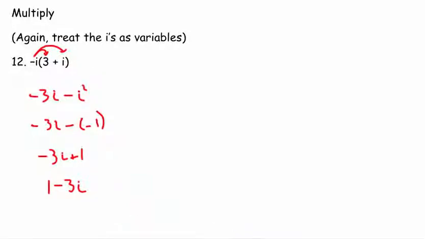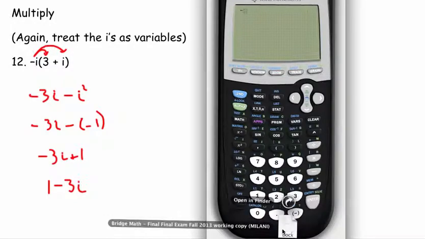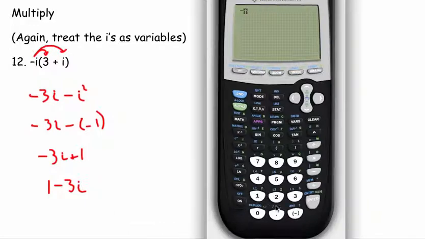So let's throw this in our calculator, make sure we get something that agrees. We'll clear that out. I'll have negative i, open parentheses 3 plus i, and I get 1 minus 3i, so I did that correctly.